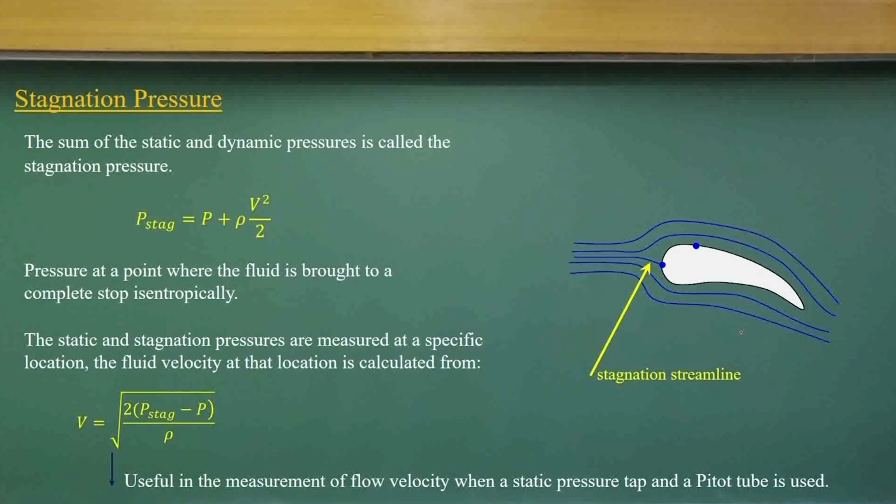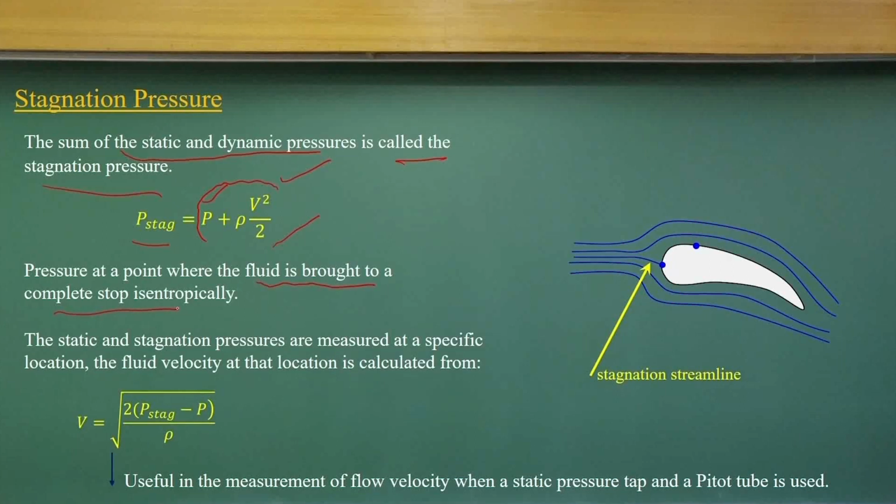Now, looking at the same concept, the sum of the static and dynamic pressure is called the stagnation pressure. That means whenever you have an object at stationary, rest conditions, the velocity of the fluid at that point has to be 0. So the stagnation pressure has two components, the static pressure component and the dynamic pressure component, at the point where the fluid is brought to a complete stop.